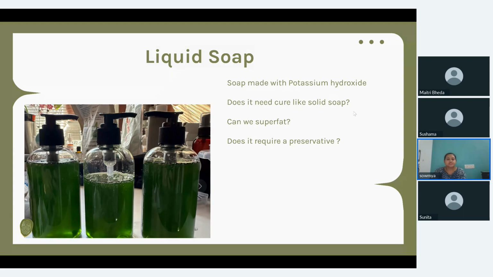I don't usually add any preservatives to the liquid soaps that I make. I have stopped making liquid soaps actually, but whatever I have made in my soaping experiments, I never used to add a preservative.